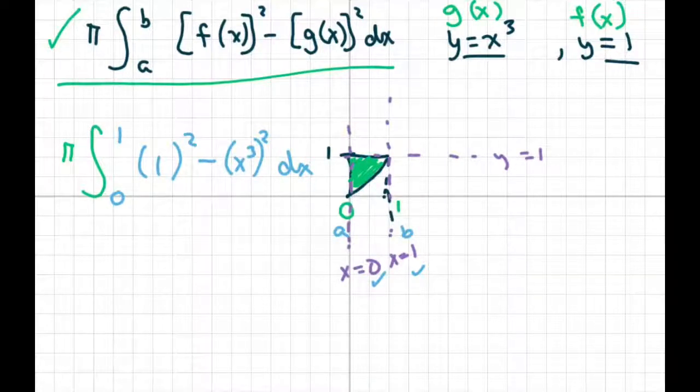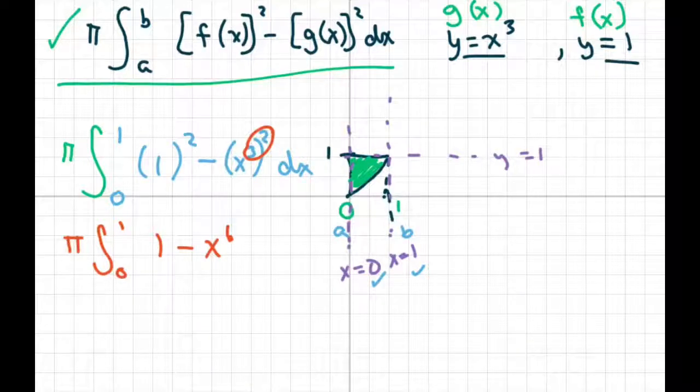Alright, now let's simplify this a little. You're going to get pi times the integral from 0 to 1 of 1 minus, and we multiply those two by the product property, x to the 6th, dx. And now we just have to integrate.